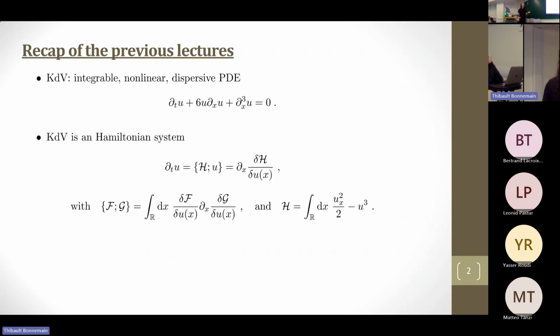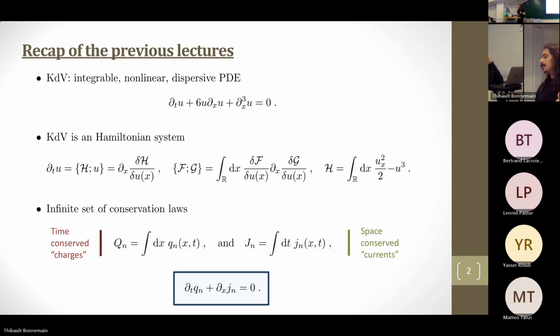In fact, this is not the only couple of Poisson bracket and Hamiltonian that yield the KdV equation, and this is a feature of integrable systems. This is important because it implies that this equation features an infinite number of conservation laws. You have infinitely many functionally independent conserved quantities that all Poisson commute.